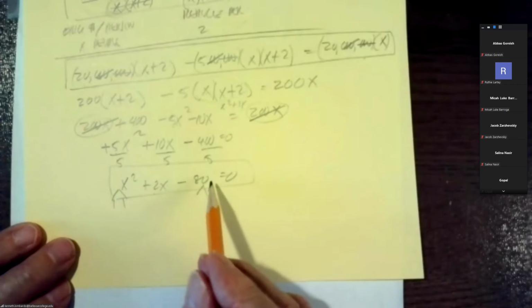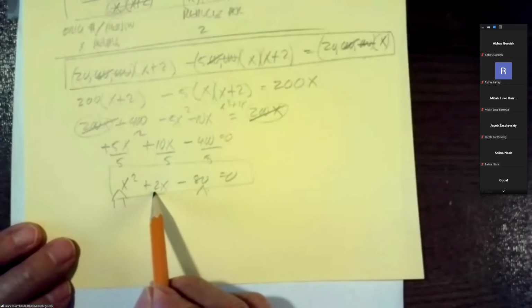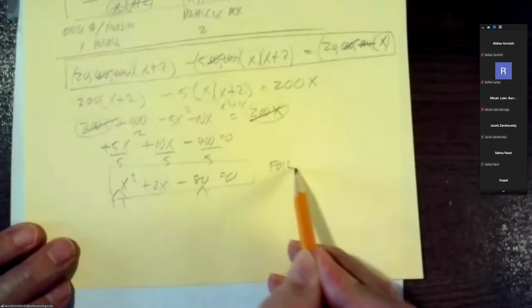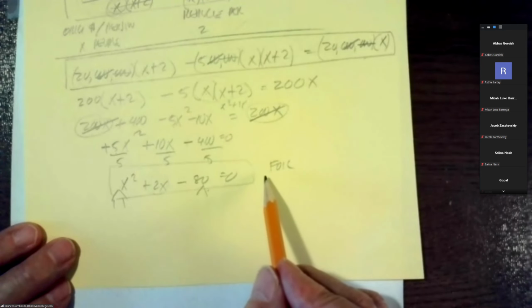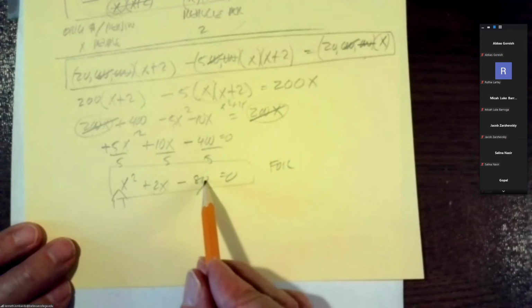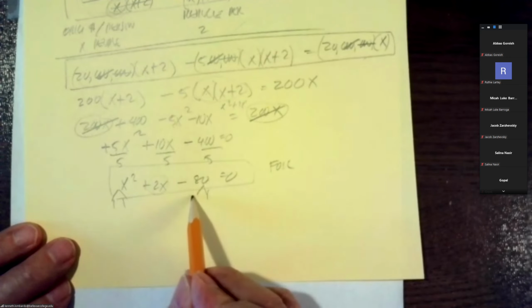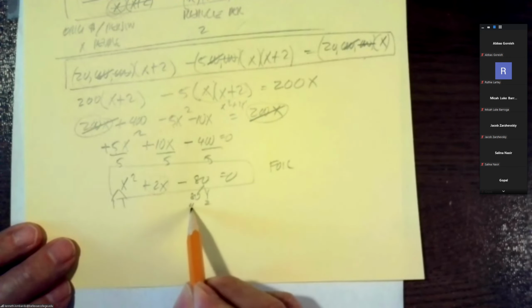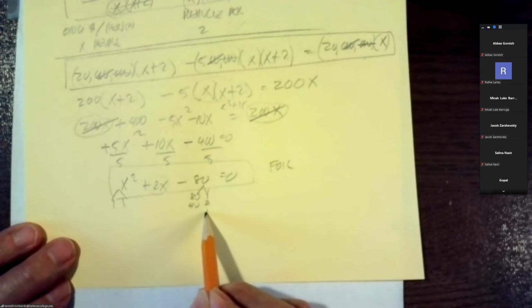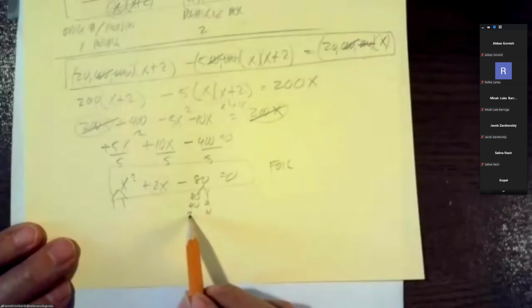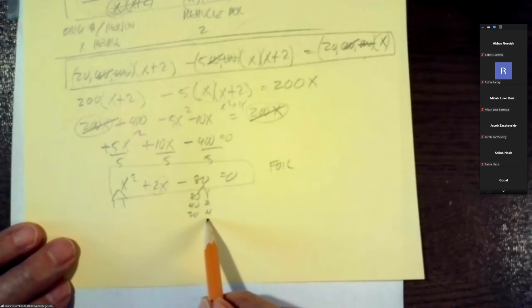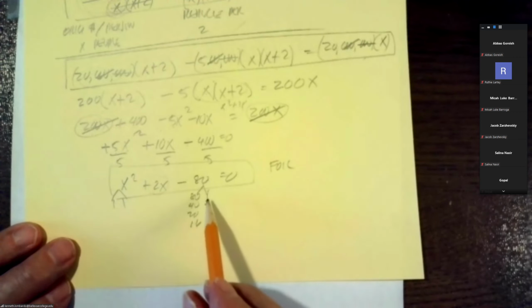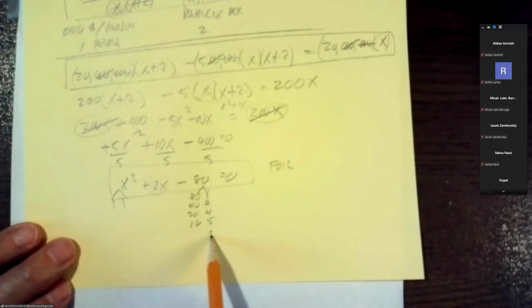1 and 1. And we want this to result in a 2 after we FOIL it and add outer and inner. So let's see, lots of different factors here. 1 and 80, 2 and 40, 4 and 20, 5 and 16, 8 and 10.